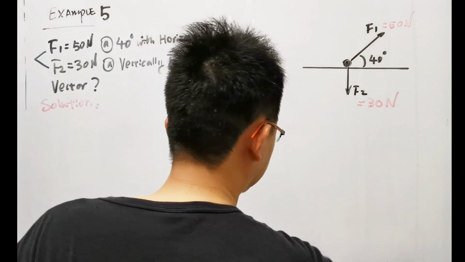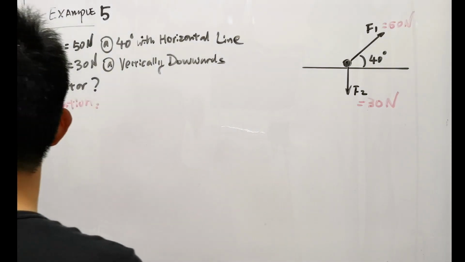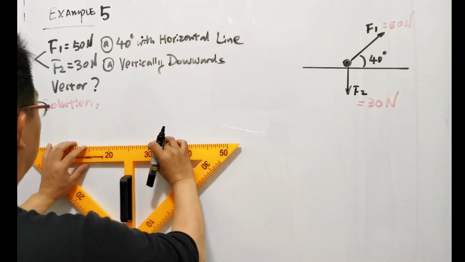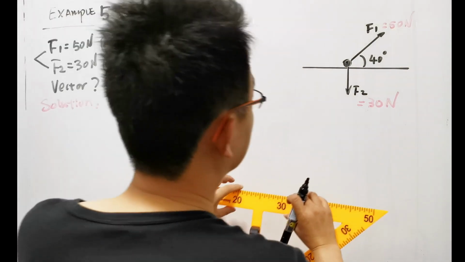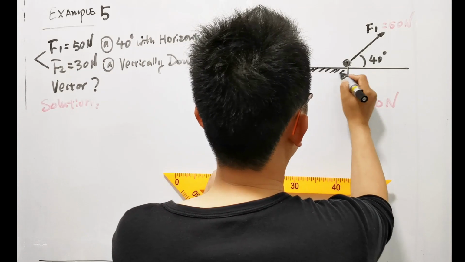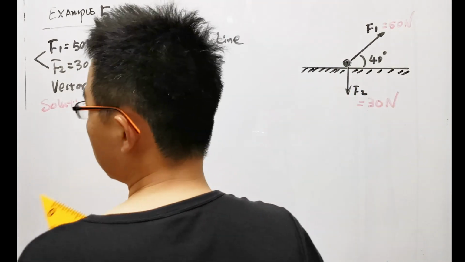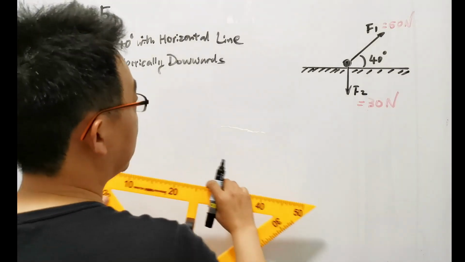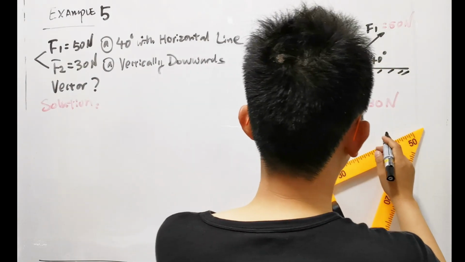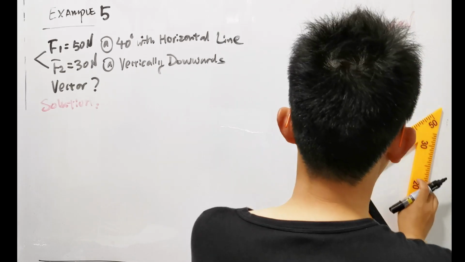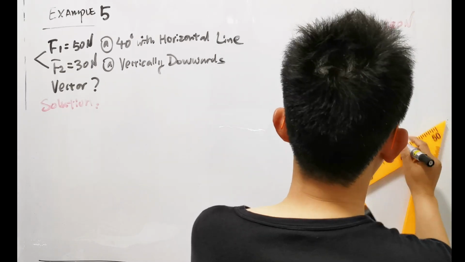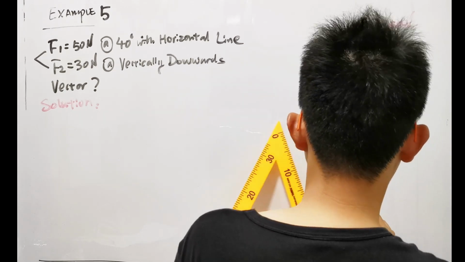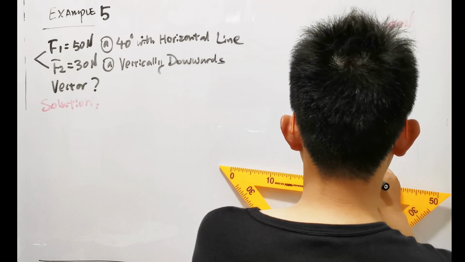Solution. Let's look at this one. Basically, we can just make a simple drawing here. So this is the question drawing, right? Let's assume this is 1, this is 2, and this is 0.